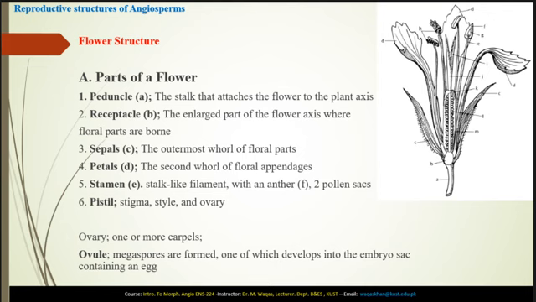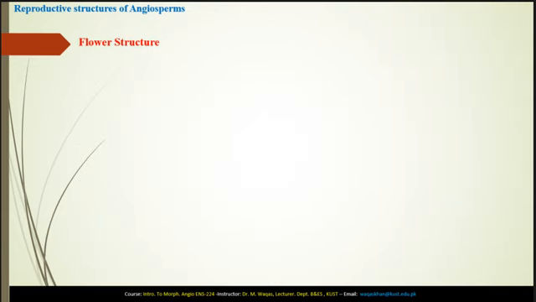So these were all about the flower structure, among which we discussed the different parts of the flower. Going ahead, among the flower structure, the number of different parts.